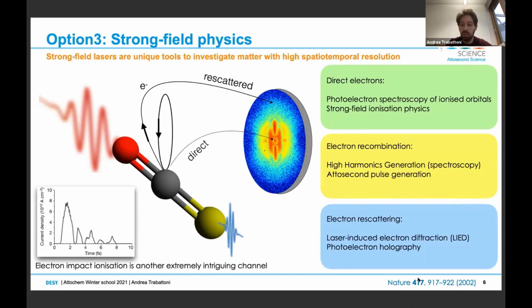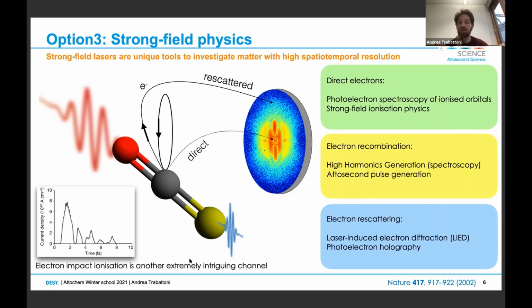And I reported this reference also because this estimation was done within a study of electron impact ionization. So the electrons, while they are returning, can extract other electrons. And this is another extremely intriguing channel in this prototypical strong field interaction, but I don't have time to speak about it.